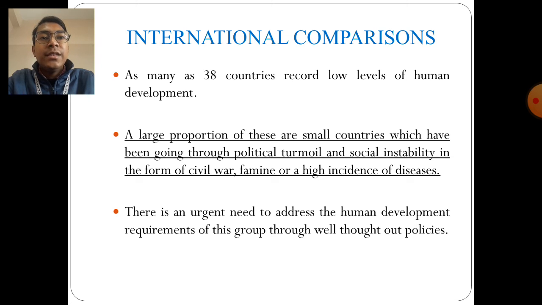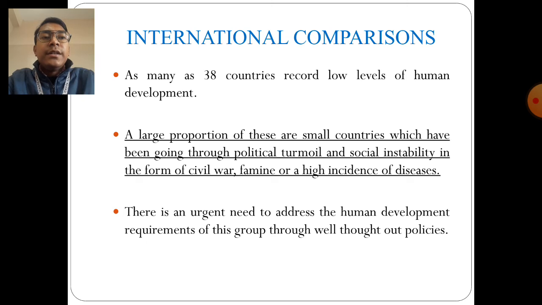The reasons for this are political turmoil, social instability, civil war, famine, and outbreak of diseases. Many of the African countries have been placed in this low level of human development.